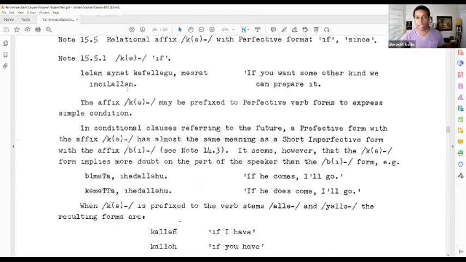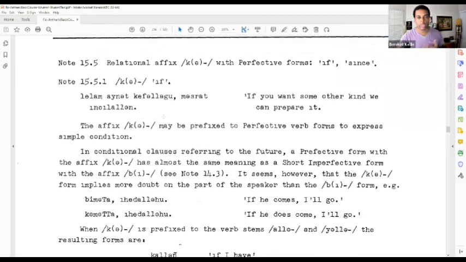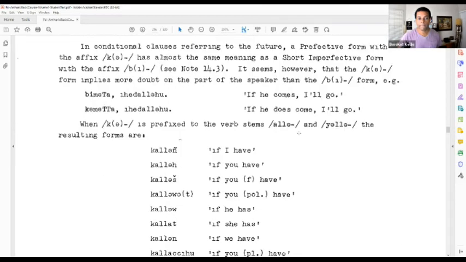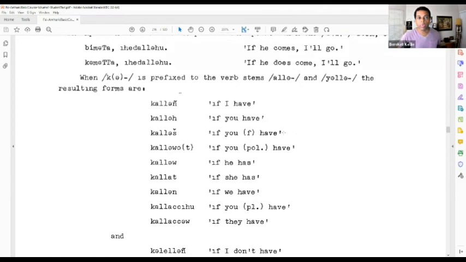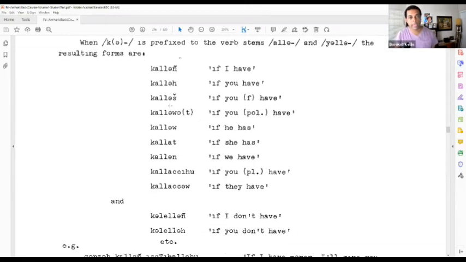And this is used in a conditional clause referring to the future, where the main verb, I believe, is in the perfective. Then they give you what the forms look like when you have the ka prefix on the verb stems for alla and yalla. And that's also good to review and get familiar with.